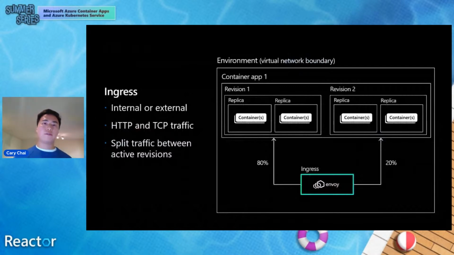And for ingress, you have a number of options that are available to you in terms of how you expose your application. So for example, here, you can choose to have your container apps be either internal or external. What this means is that when you create your container application, you can choose to either have it created with a public endpoint or without. If you choose to have it be without the public endpoint, then it's not going to be exposed to the public internet.